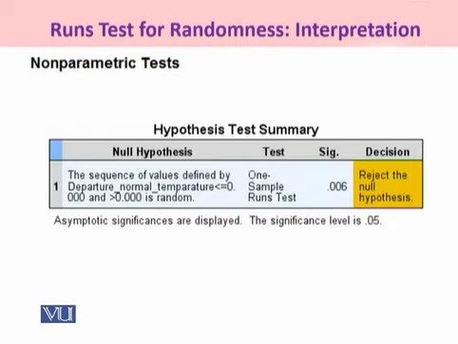So once we have followed the entire procedure of SPSS to test the randomness by employing the runs test, this particular result would appear before you. As you can see, under the null hypothesis, it is being tested whether the sequence of values defined by departure from normal temperature less than or equal to 0 and greater than 0 are random or not random.